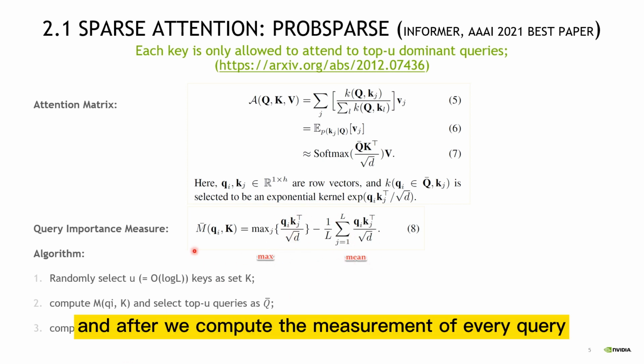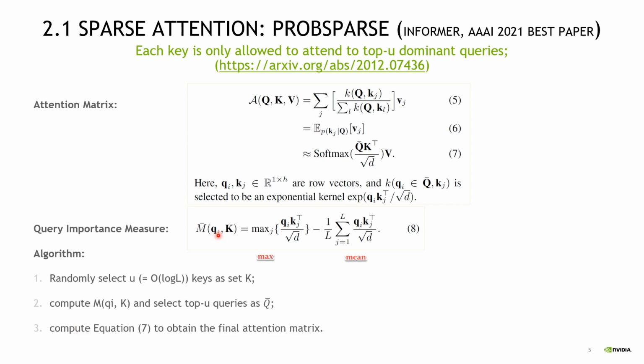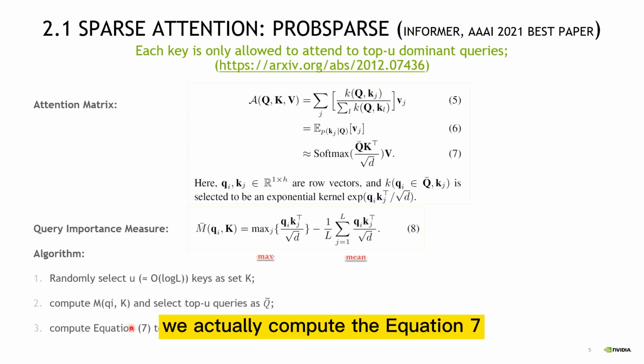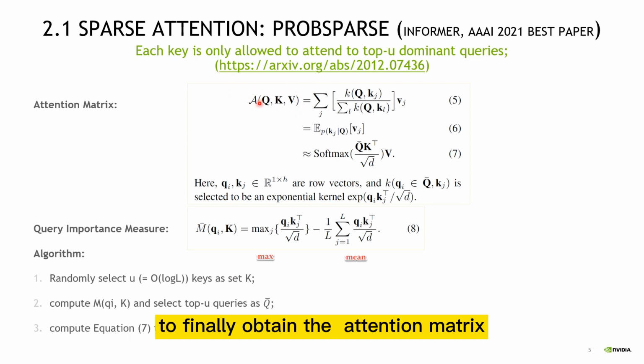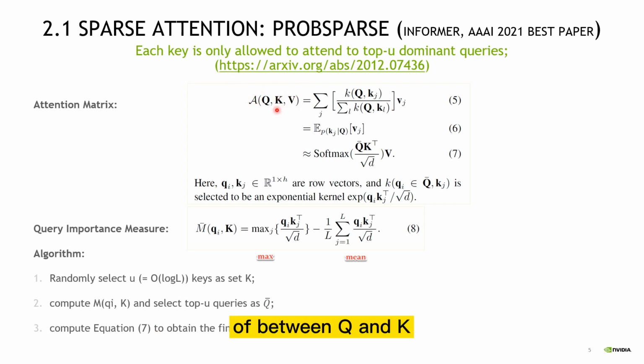After we compute the measurement of every query, we compute the attention, equation 7, to finally obtain the attention matrix between Q and K. So this gives us a hint that we can make things quicker.